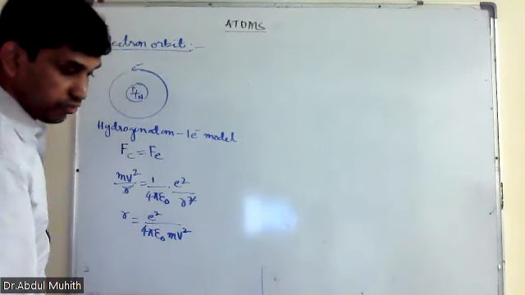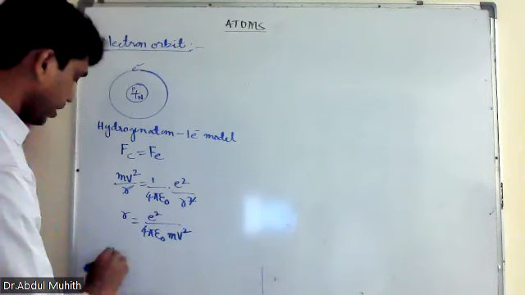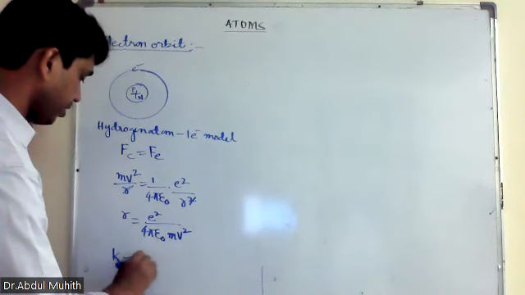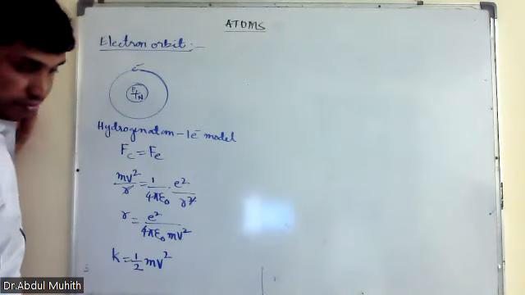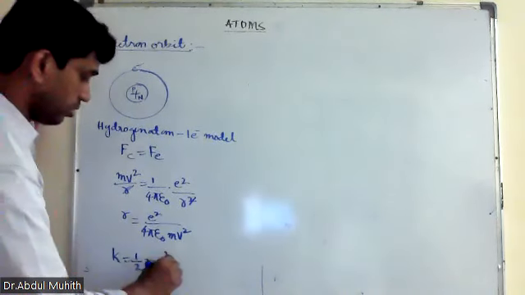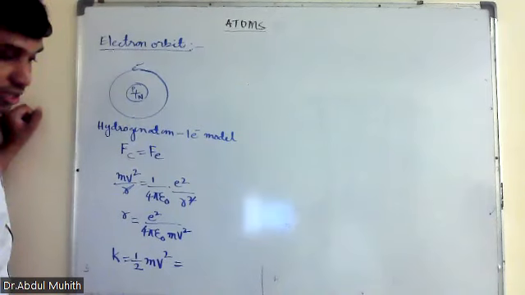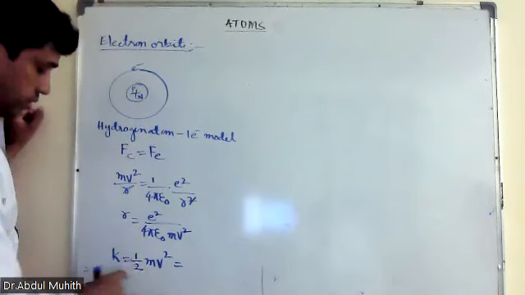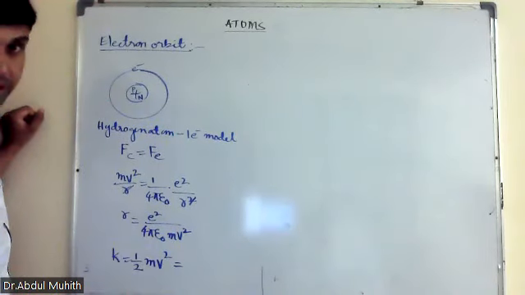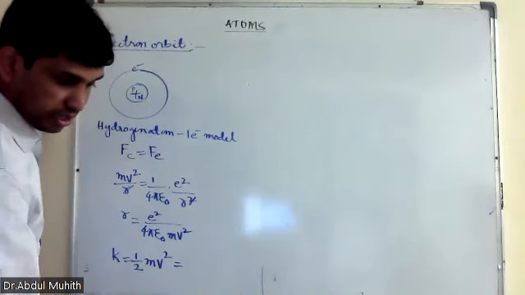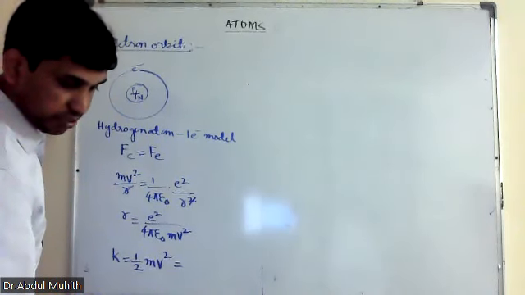Now the kinetic energy formula is half mv square. This kinetic energy formula came from the derivation. Actually, this derivation should have been after the three derivations, but anyway, I'm going to substitute the velocity expression here.